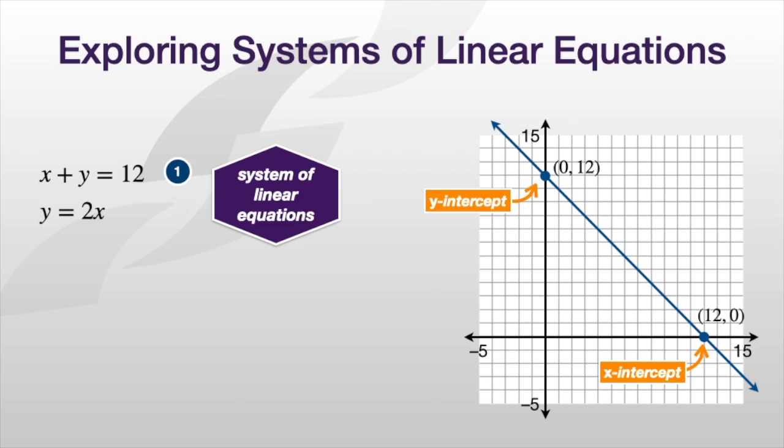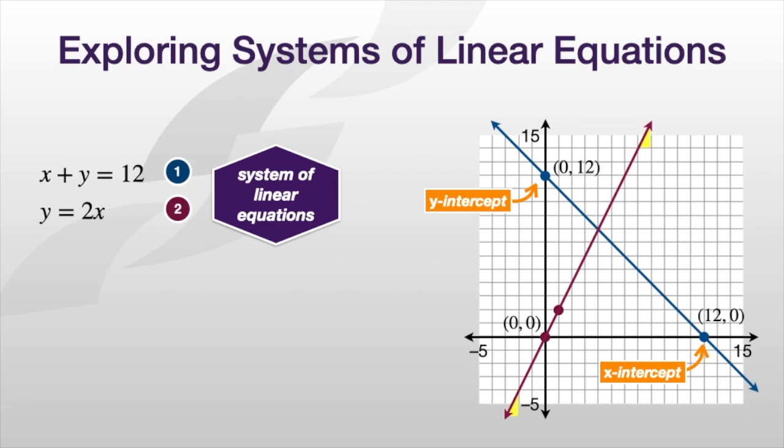Turning to the second equation, its graph passes through the origin. It also passes through (1, 2). Extending a line through these 2 points shows all of the points that satisfy the second equation. Notice that the slope, or rate of change, remains the same and can be used to plot additional points on the line.